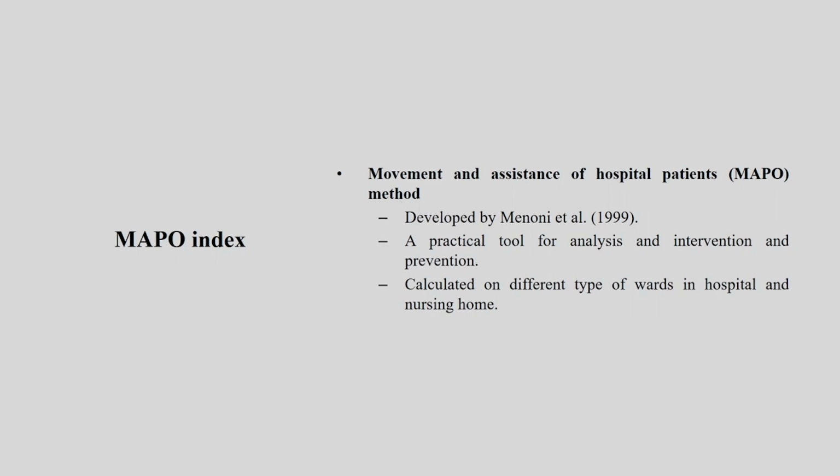It also calculates for the different types of wards available in the hospital and different nursing homes. Based on the type of ward, the number of beds it has in a particular ward, and the type of nursing home or hospital it is, this index will change and it will direct the observer or the intervention person to do the intervention.